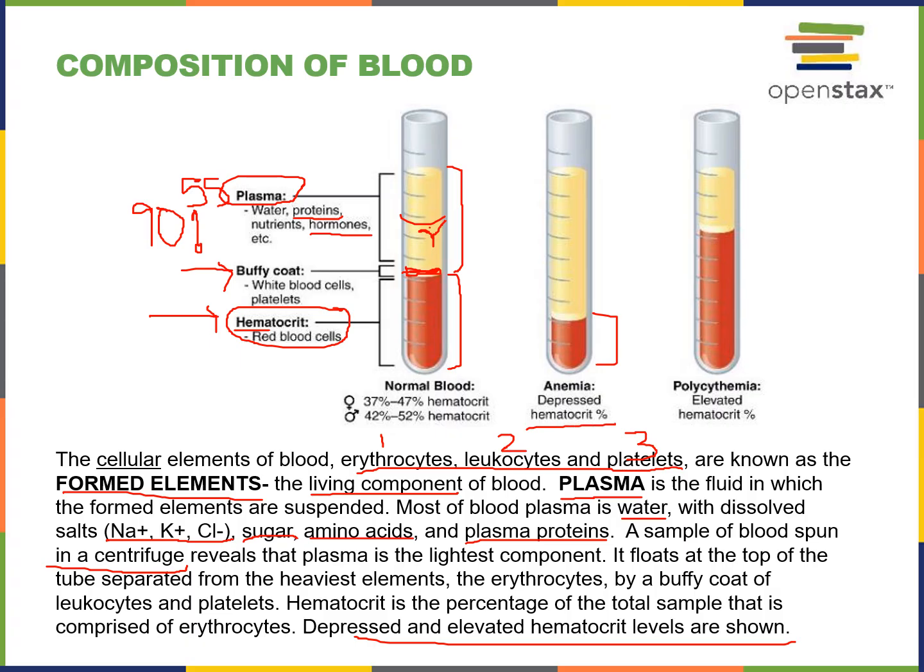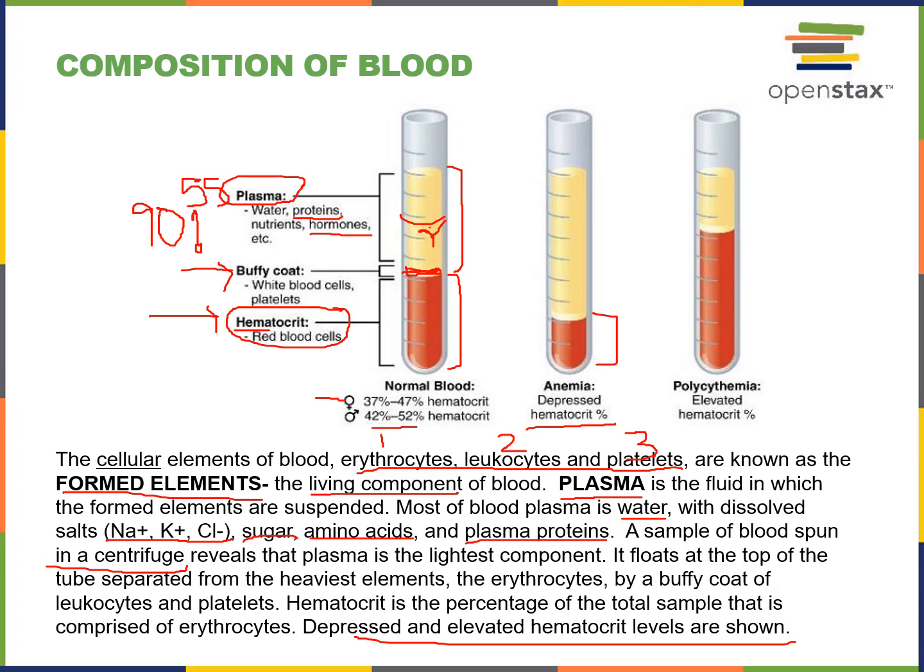And so here we have for this symbol, the first symbol here is for females with a little cross at the bottom of the circle, 37% to 47% hematocrit in a sample of blood. That's a normal level. So if you are anemic, you have less than 37%. And if you're male, it's 42 to 52.